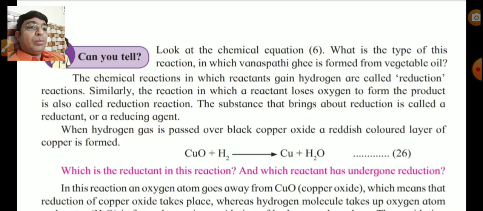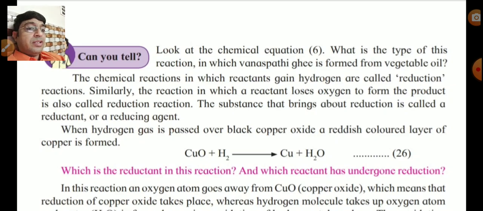So how to write the combined definition? Listen carefully. The chemical reaction in which reactants gain hydrogen or lose oxygen to form the product is called the reduction reaction. In this way you write down the answer.